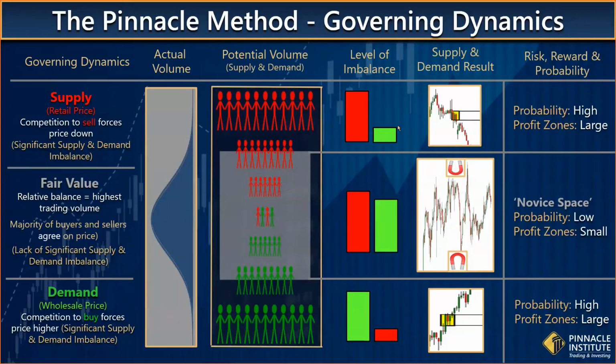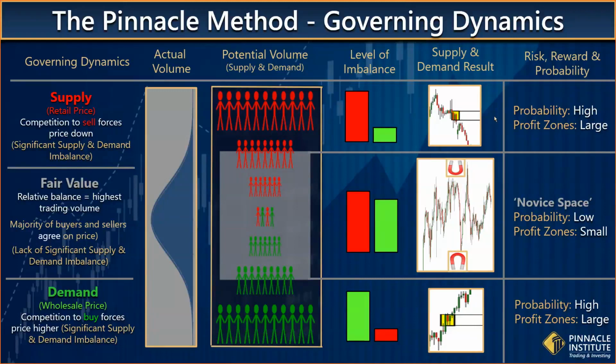That competition to sell at a price with no buyers is going to drive price lower. The picture that represents that is one of two things, and here's one of them: some trading, price drops, doesn't come back. We'll dive into this more in just a little bit, and we're going to look at live markets today. The probability of price turning lower at our key supply zones and the profit zones in those areas are ideal. They're significant.